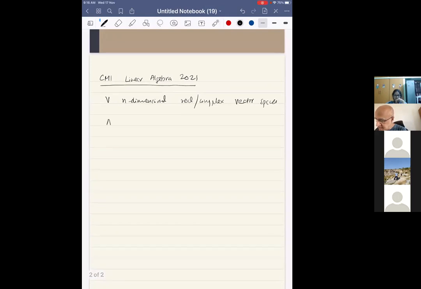So we consider a linear map A hat from V to V. Then by choosing a basis, you get the associated matrix.